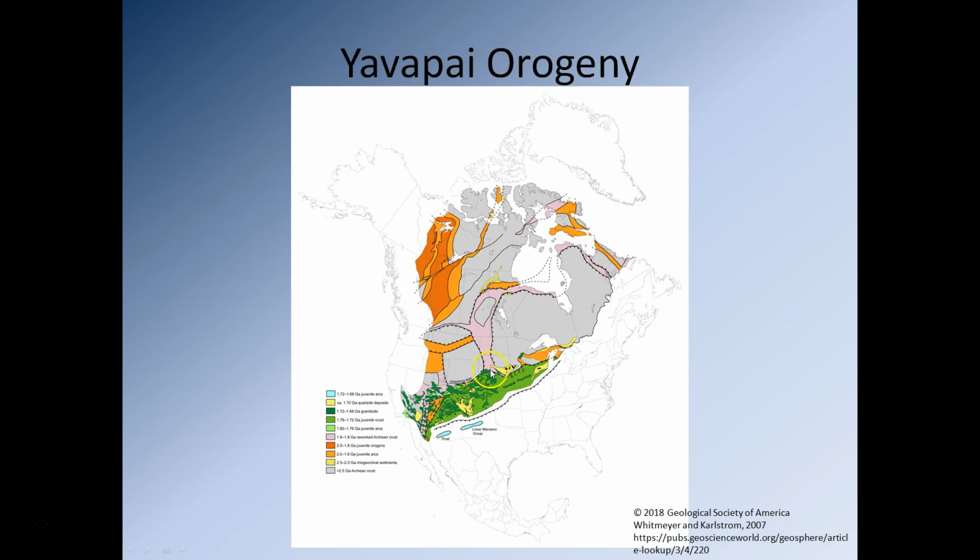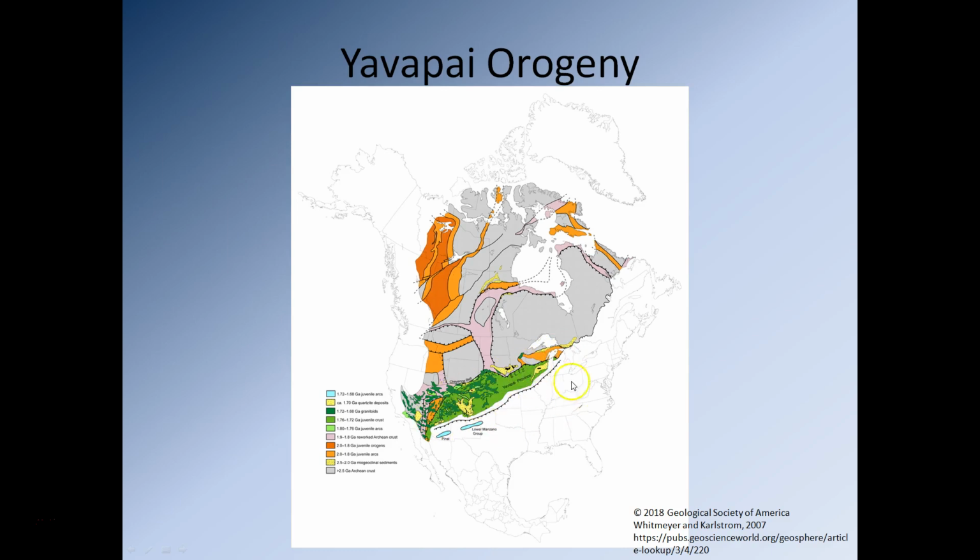This means Laurentia is going to be pulled in a southerly direction towards this subduction zone. Obviously the oceanic crust and the overlying sediments, mostly the overlying sediments, are going to be scraped off, and they're going to result in the formation of a very, very large mountain range as the basin closes up. So that's going to be your Yavapai orogeny.